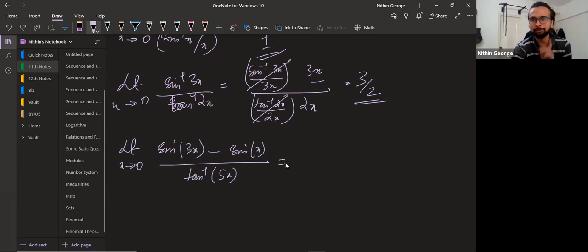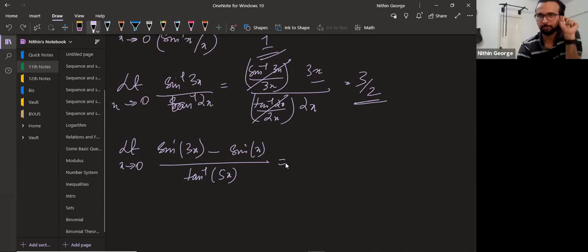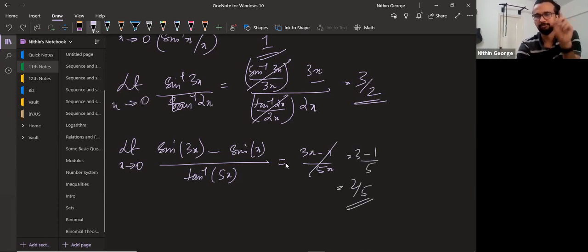So I'll just tell you the shortcut form. I want you to use how. 2 by 5. Absolutely. The shortcut form here is 3x minus x by 5. Actually, the shortcut form would be 3 minus 1 by 5, which will come out to 2 by 5.